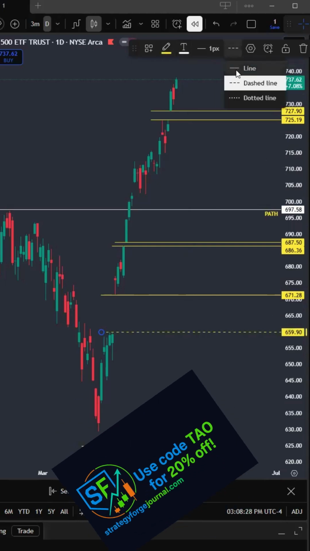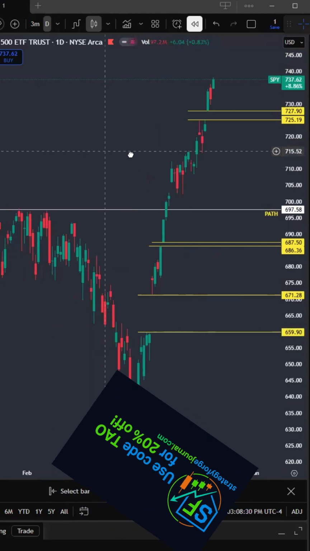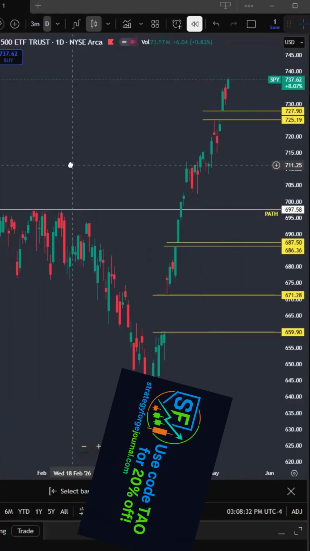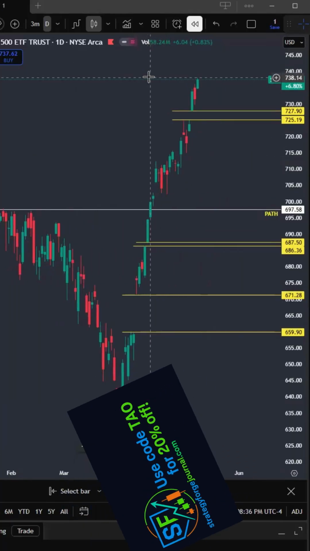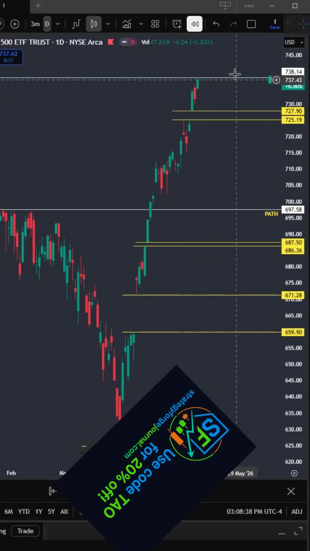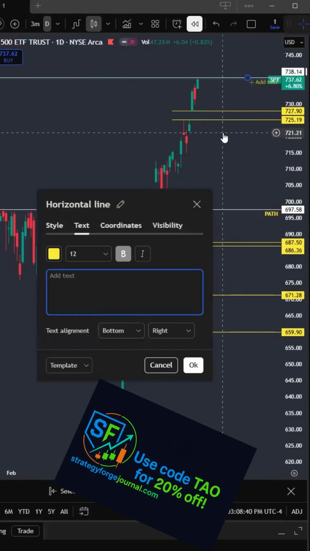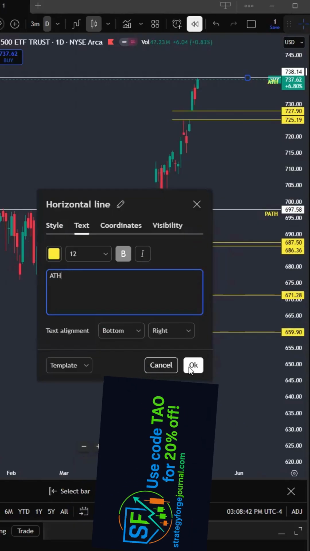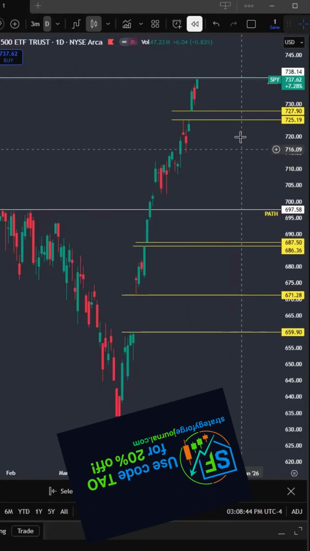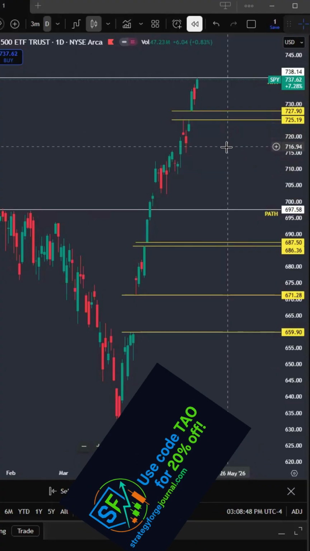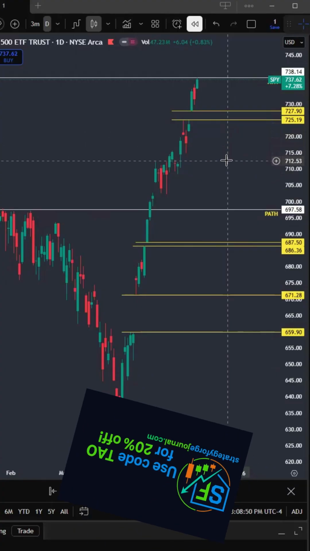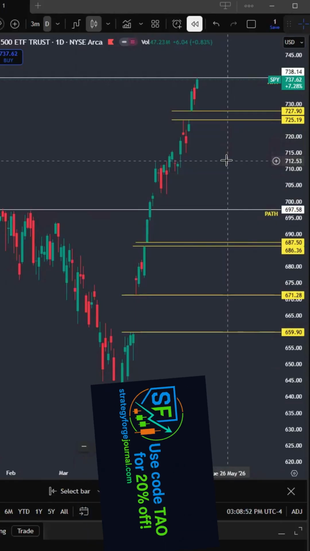All right, so the next levels that are obvious, okay, we have the previous all-time high. What about the all-time high? Obvious level. Mark that all-time high. All right, and now let's just use our cursor to see if we can find any other obvious levels.